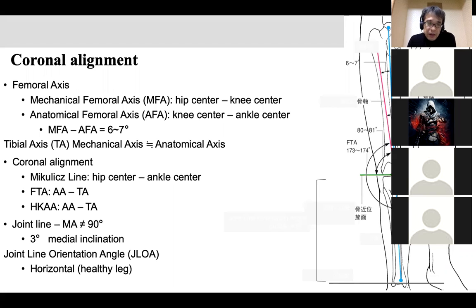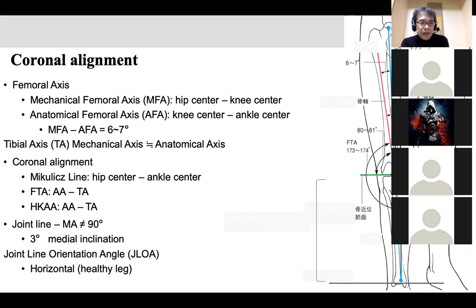But it is only 1 degree. It's very small. So we can consider the tibial axis, the mechanical one and the anatomical one are virtually same.